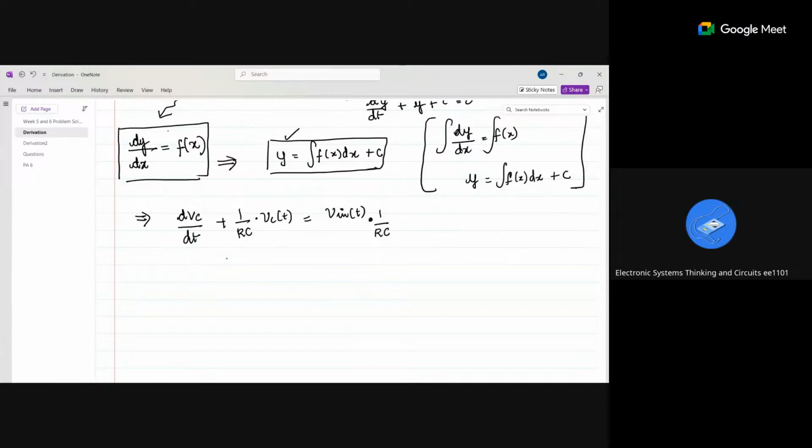To further simplify it, I'm going to consider the term 1 by RC as P of t and this term as Q of t. So dVc by dt plus P of t Vc of t equals Q of t, right?